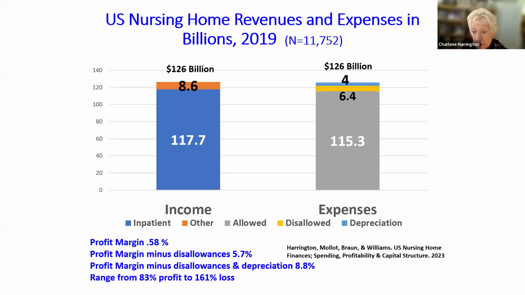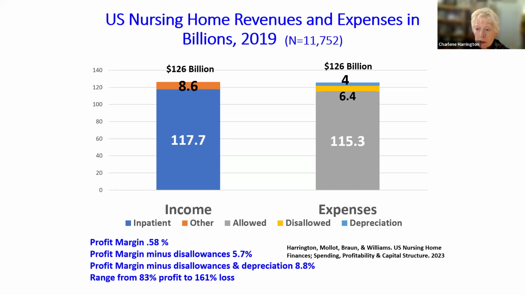They're not related to patient care costs. So nursing homes are not allowed to charge for a private jet or legal fees or association dues. And they're also supposed to pay a fair market value, as Sam said, for their related parties. So they admit to having $6 billion in disallowances.